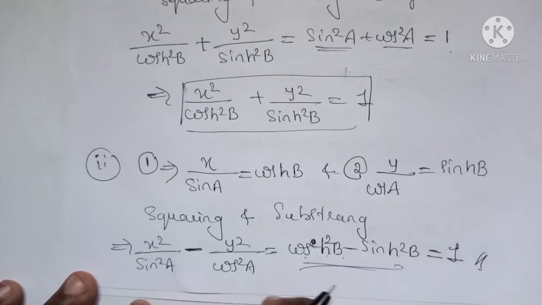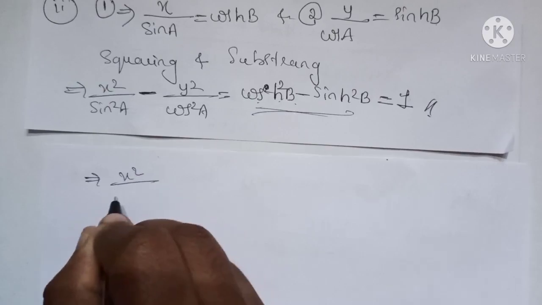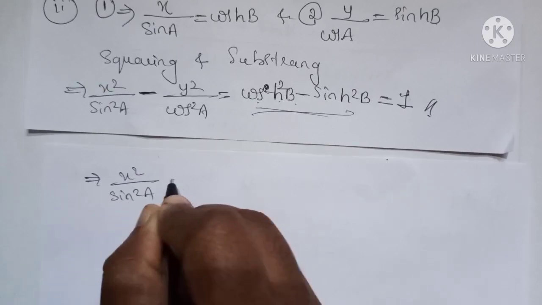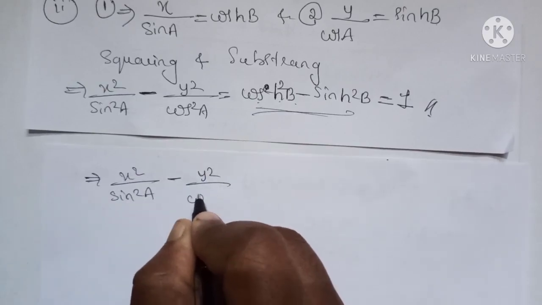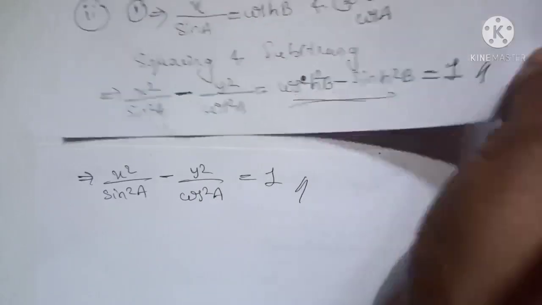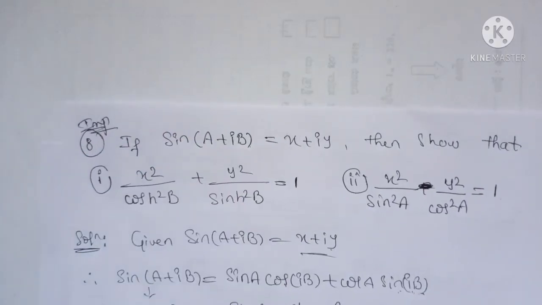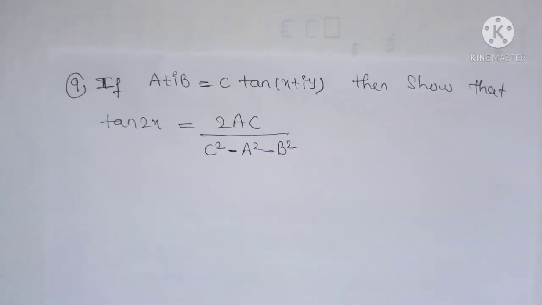Therefore we have proved the second one, that x square divided by sin square a minus y square divided by cos square a equals 1. So this problem is very important and even easy also. Likewise, we have one more problem.